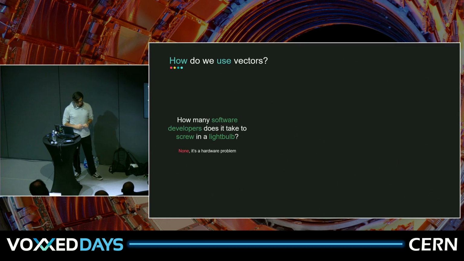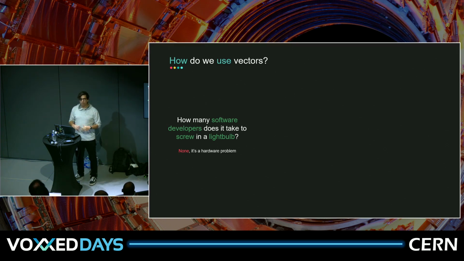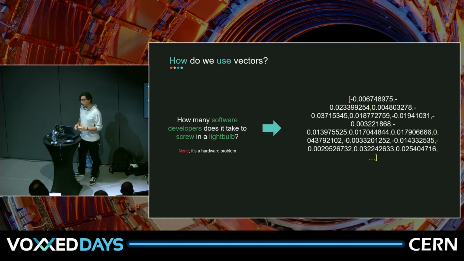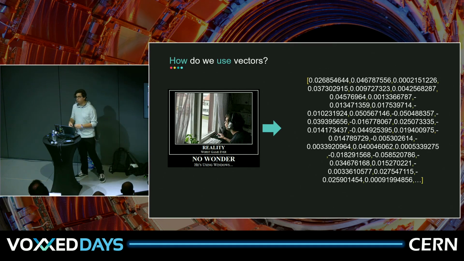So how do we use vectors? Roughly 10 or 11 years ago, people thought, okay, if we have a piece of text like this, then we can translate it into its so-called vector representation. And after text, they started doing the same with images. If we have an image like this, then we can translate it to its vector representation, which would look something like this.